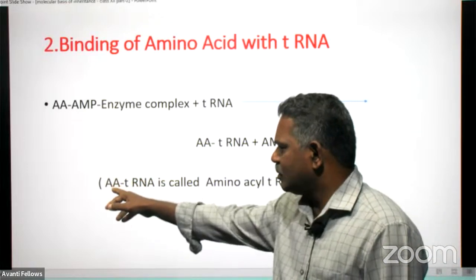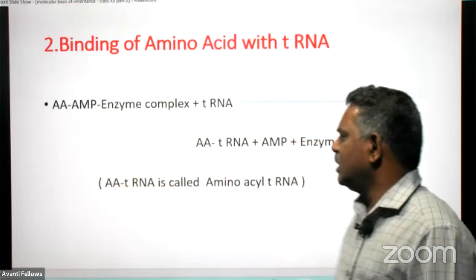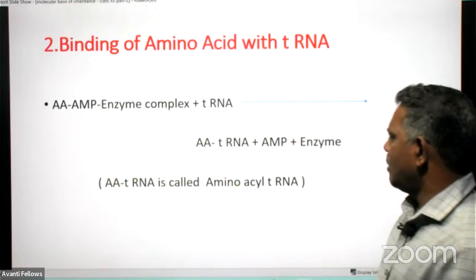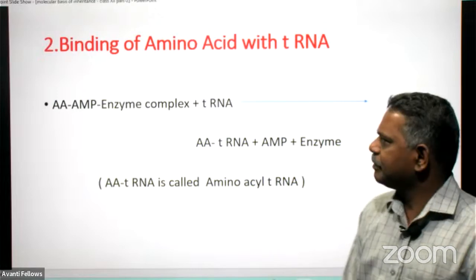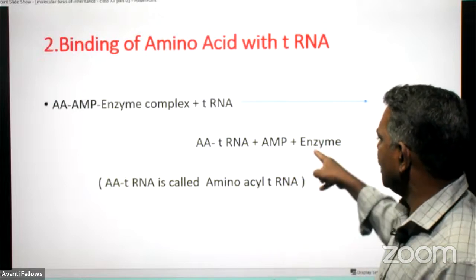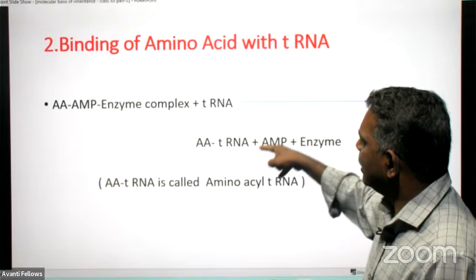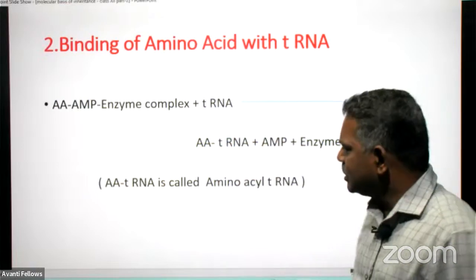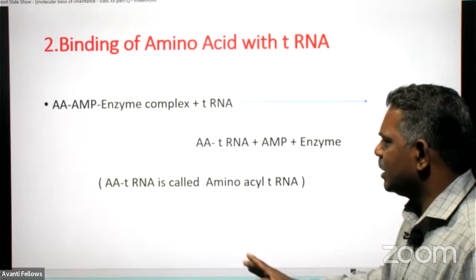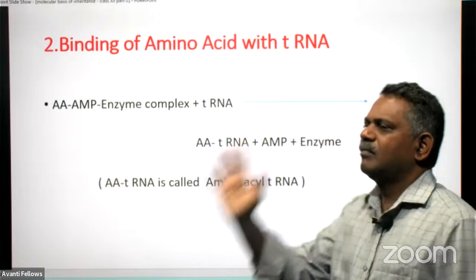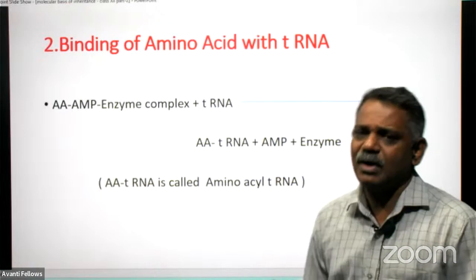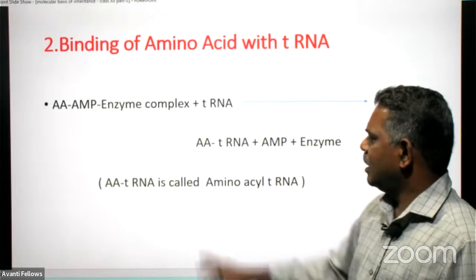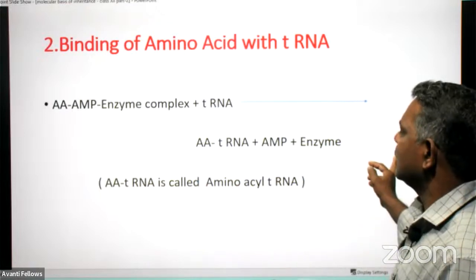The activated amino acid bound with the tRNA is called the amino acyl tRNA, AAtRNA. Amino acyl means the amino acid connected to the tRNA, but it is possible only after the activation of amino acids, forming the amino acyl tRNA.